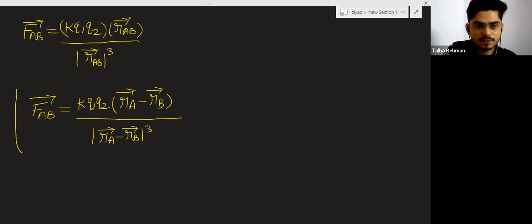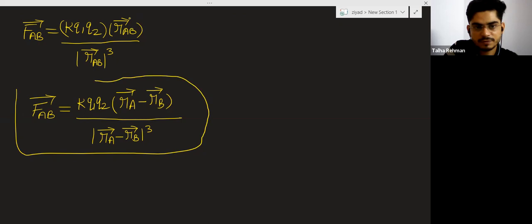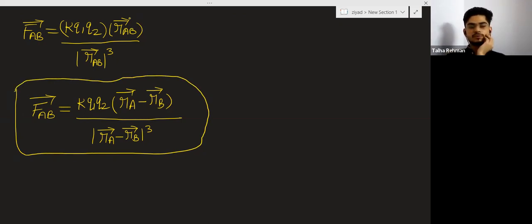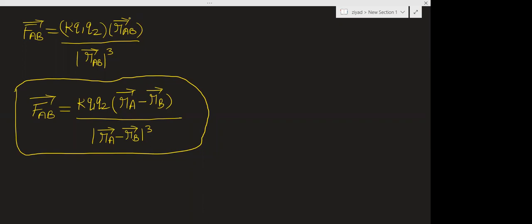This is Coulomb's law of force in the vector form. This is the representation of Coulomb's law in the vector form.